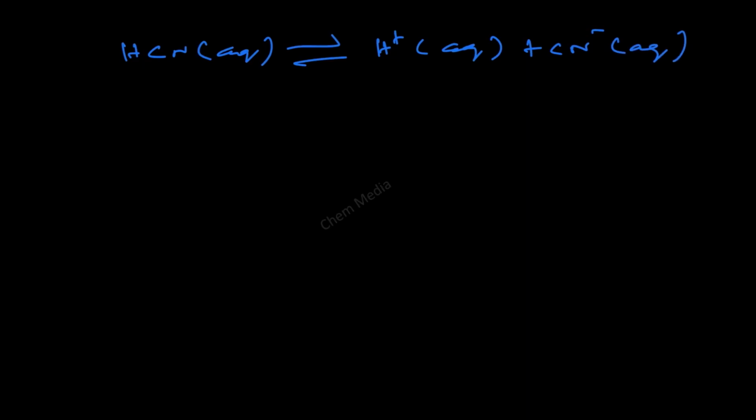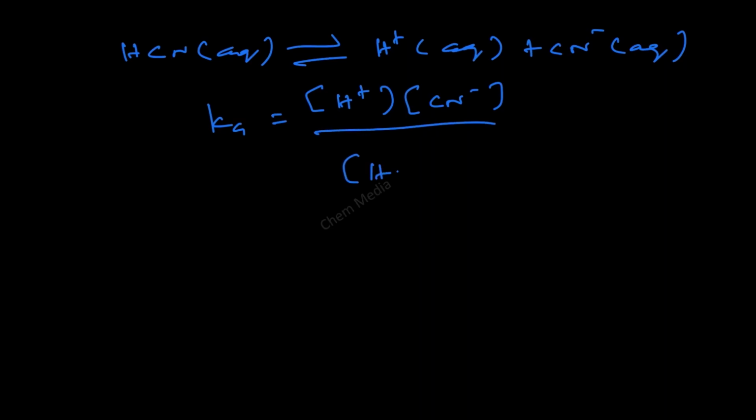Now the Ksp value is given and also the dissociation constant value is given. HCN, if it dissociates, would dissociate as H plus ions and CN minus ions. Therefore, Ka is equal to concentration of H plus times concentration of CN minus divided by concentration of HCN, which is equal to 6.2 times 10 to the power minus 10.